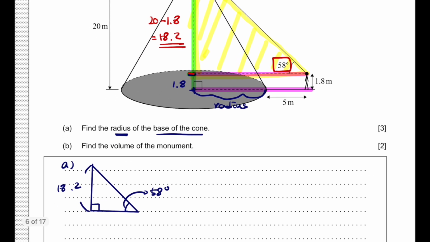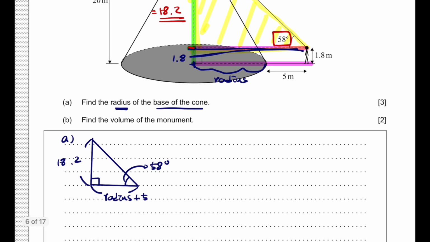And this part here is the radius plus 5. What we're trying to do is find the radius, which means finding the length of this side here.